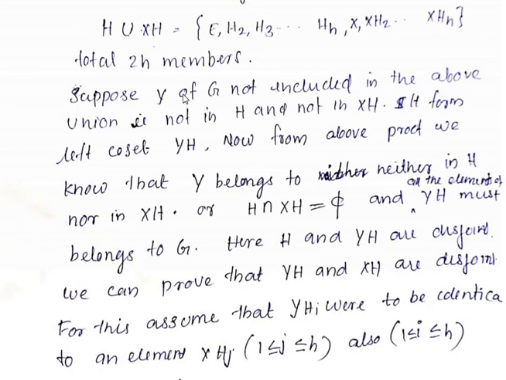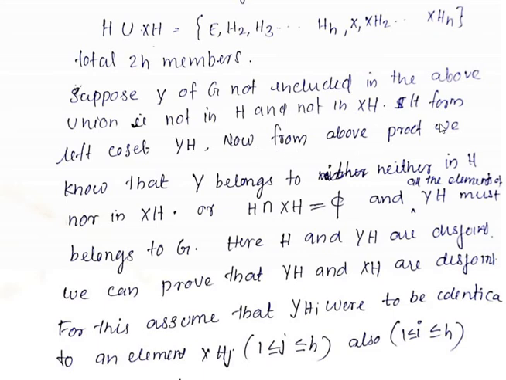That is, suppose y is in G but not included in the above union, that is, not in H and not in xH. It forms a left coset yH.